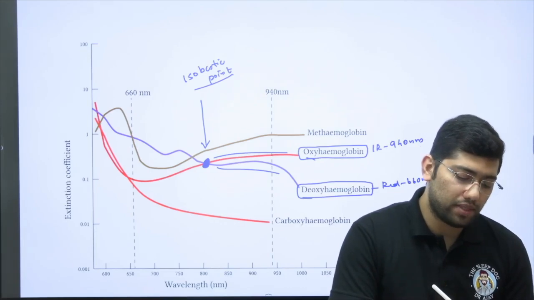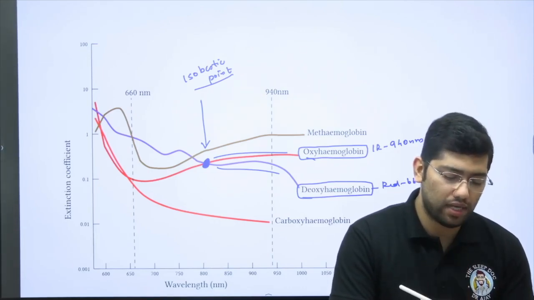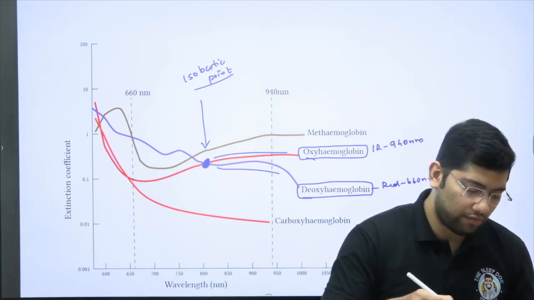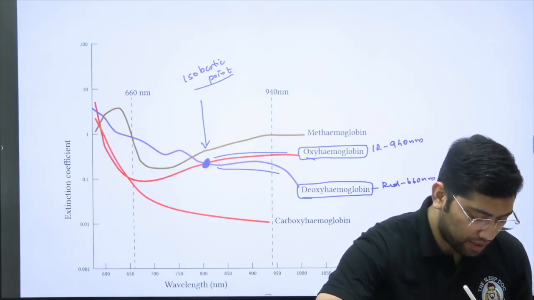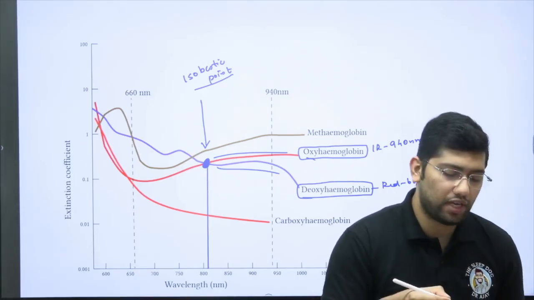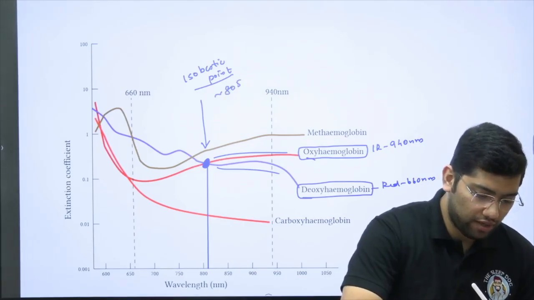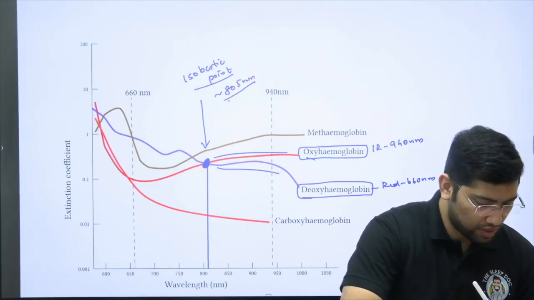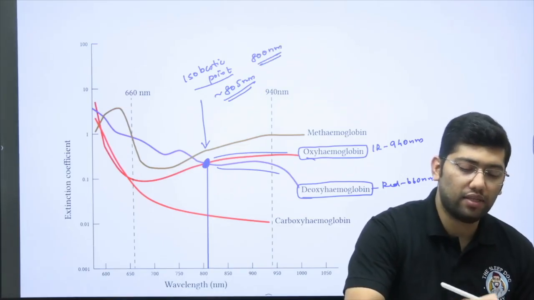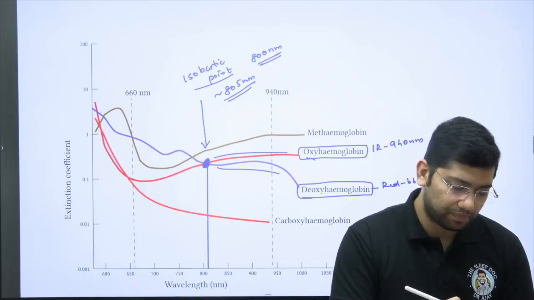Here the absorption coefficient is the same for both oxy and deoxyhemoglobin at this particular wavelength. So this wavelength exists somewhere between 800 to 850 nanometers. So roughly you can quote this as 805 nanometers in some textbooks, or you can remember it as 800 nanometers. This is an isobestic point for oxy and deoxyhemoglobin.